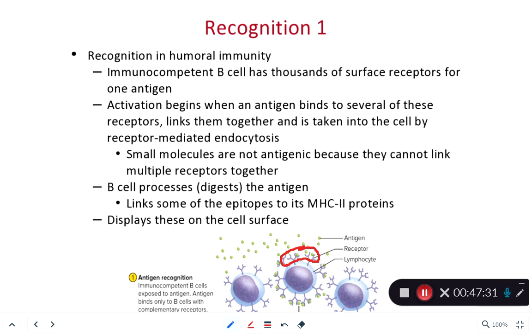So if we have only one antigen bind to the surface of a B lymphocyte, generally speaking, it's not going to be endocytized or brought into the cell. But if we have a lot of antigens bind to the surface of the B lymphocyte, they'll be concentrated together on the surface and then endocytized or brought into the cell. After it's brought into the cell, it's digested.